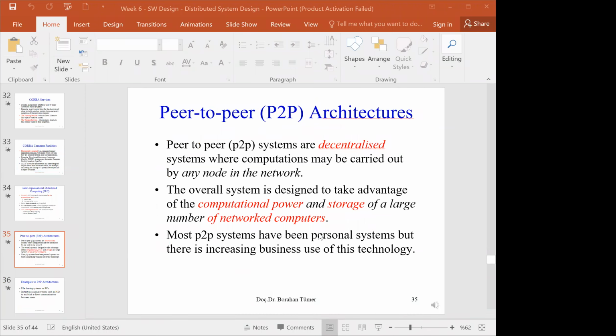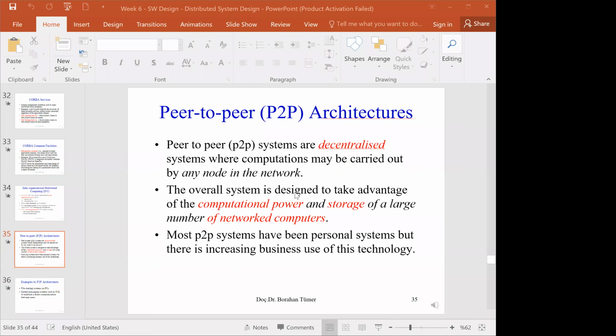Peer-to-peer systems are decentralized systems where computations may be carried out by any node in the network. So these are decentralized systems. That means they are connected to each other, but there is not a central computer.